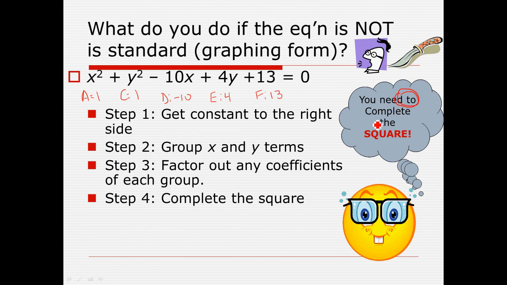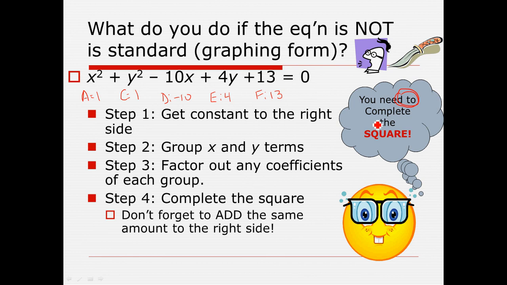Then I complete the square, and I cannot forget that at this step I am changing the equation, right? Step 1 I didn't change, I just subtracted 13 from both sides. Associative property and commutative property don't change anything.